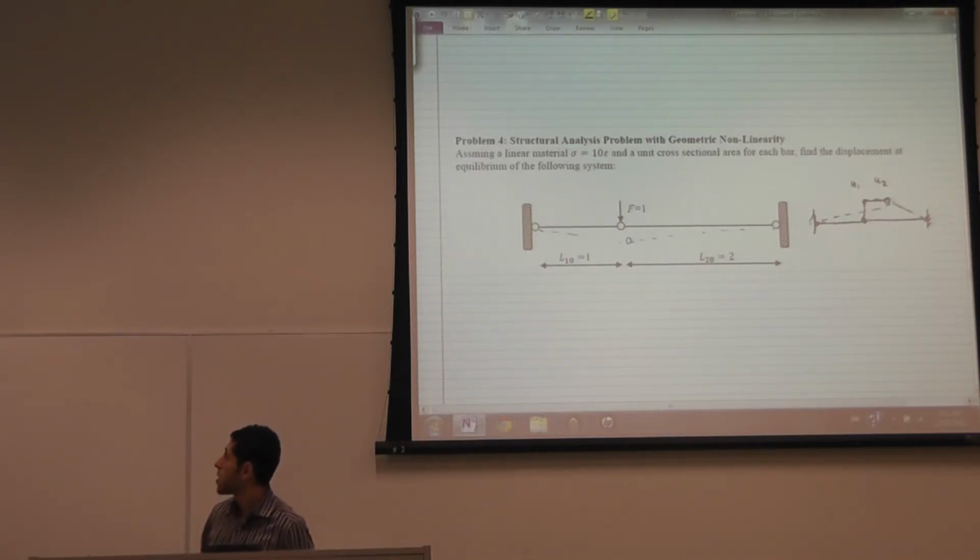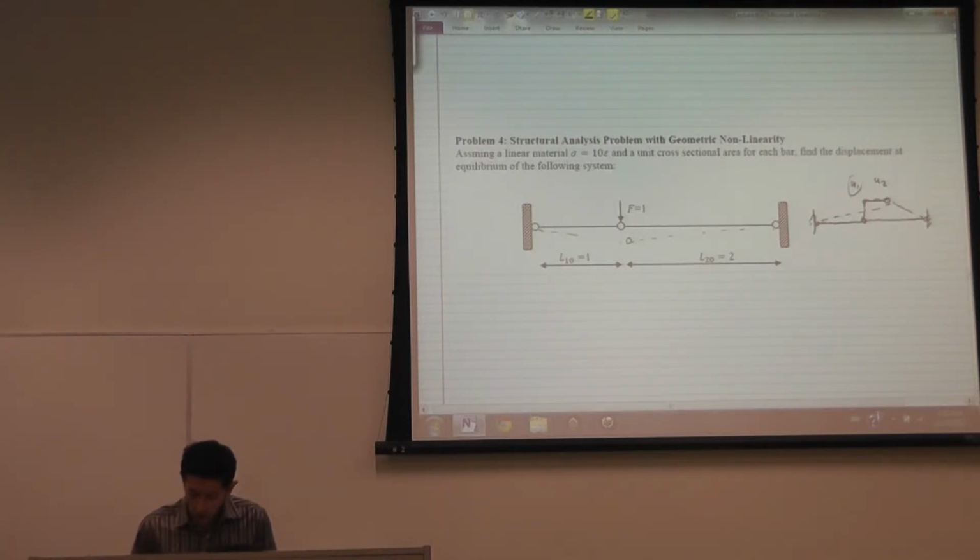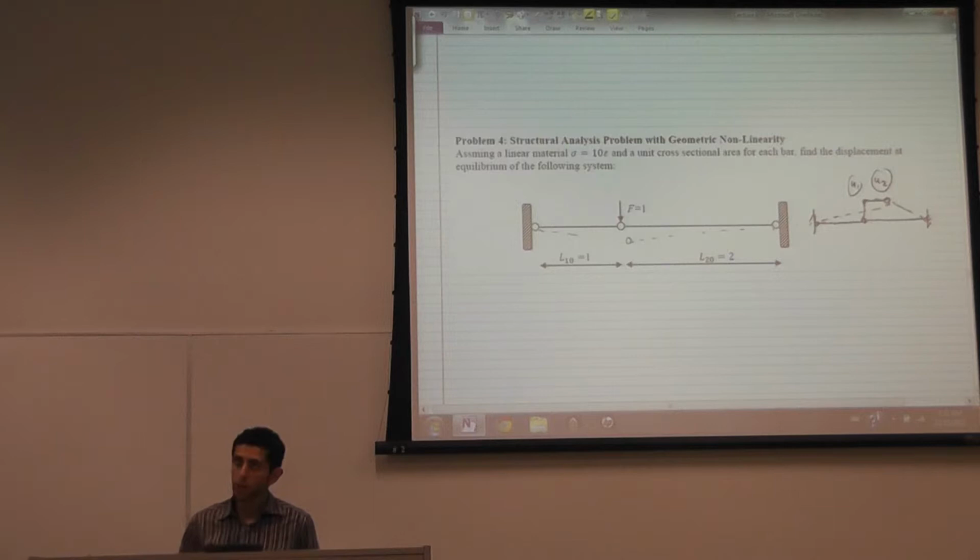So this is where the new point is, and I'm trying to find U1 and U2 that would minimize the potential energy of the system.